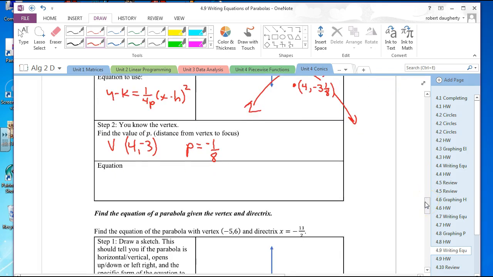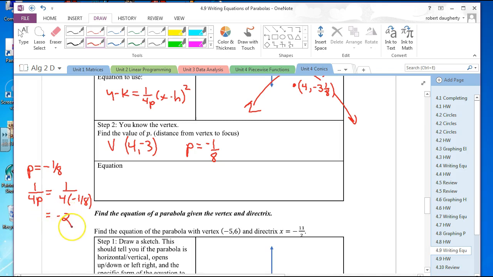So if P is negative 1/8, what is 1 over 4P? That is 1 over 4 times negative 1/8, okay? What's 4 times negative 1/8? What's that? Negative 4/8. What's another word for negative 4/8? Negative 1/2. What's 1 over negative 1/2? Yeah, negative 2.